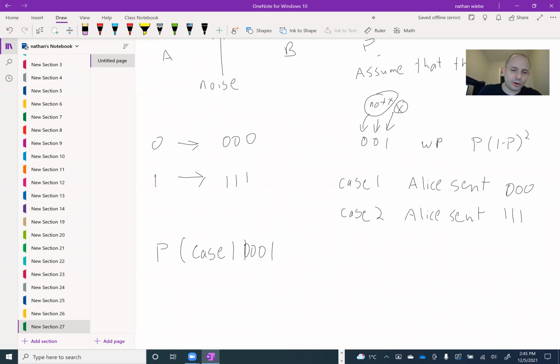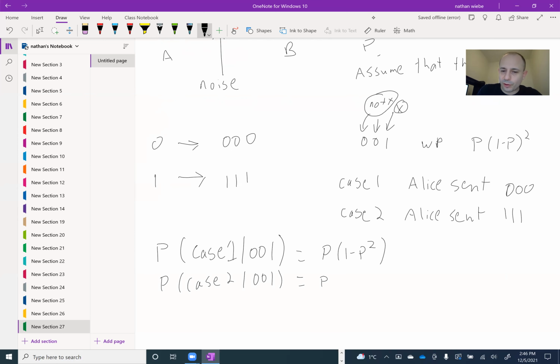oh, sorry, actually, I did draw that right. Case 1, given 001, is actually just equal to that likelihood I wrote at the top. It's p times (1 minus p) squared, because 1 bit would need to be flipped in order to make this happen. However, the probability of case 2, given 001, is equal to, well, in this case, 2 bit flips have to happen and 1 not bit flip.